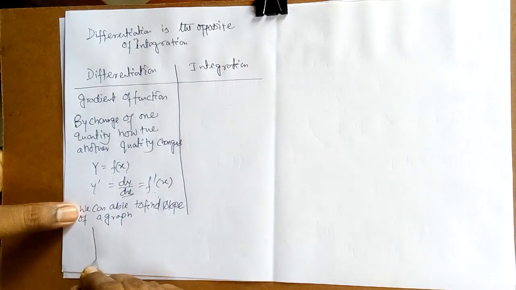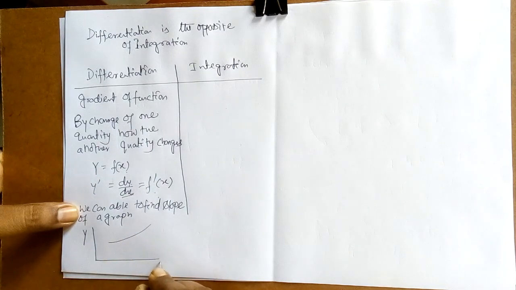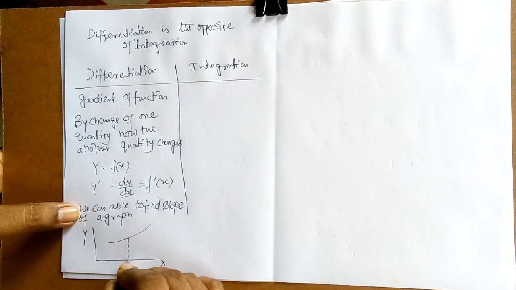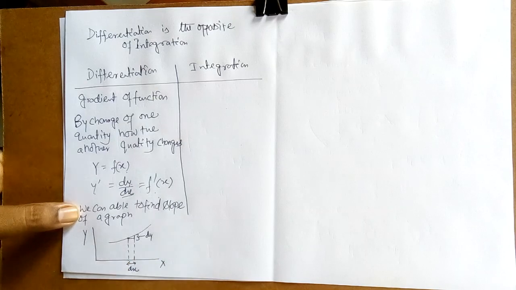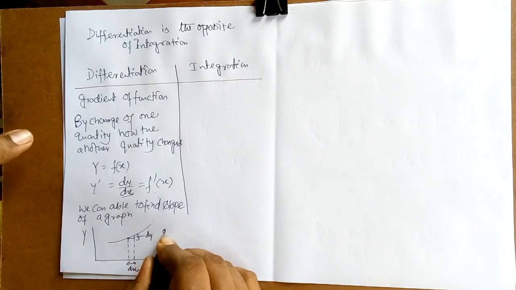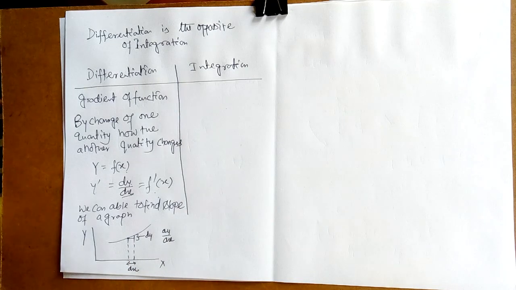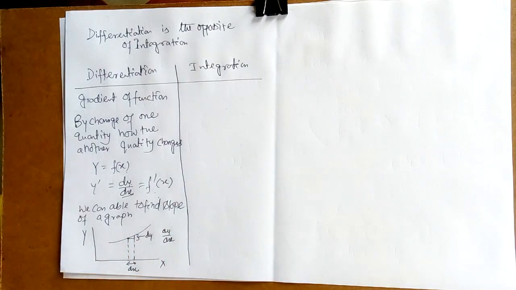To tell the truth, if this is a graph, assume it is y and assume it is x, we just find out by a small change of x, assume a small change dx, how much y is changed, that is dy. And by taking the ratio dy by dx, we are finding the slope. By changing the x, how much y is changed. That is all about our differentiation.